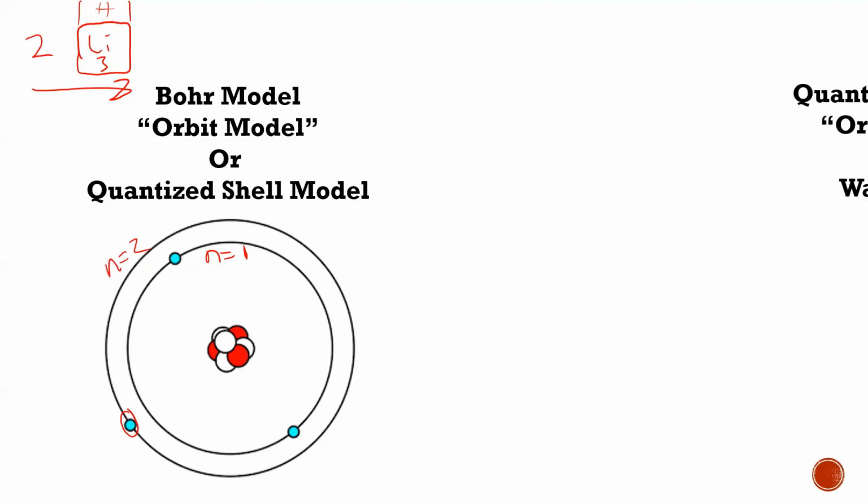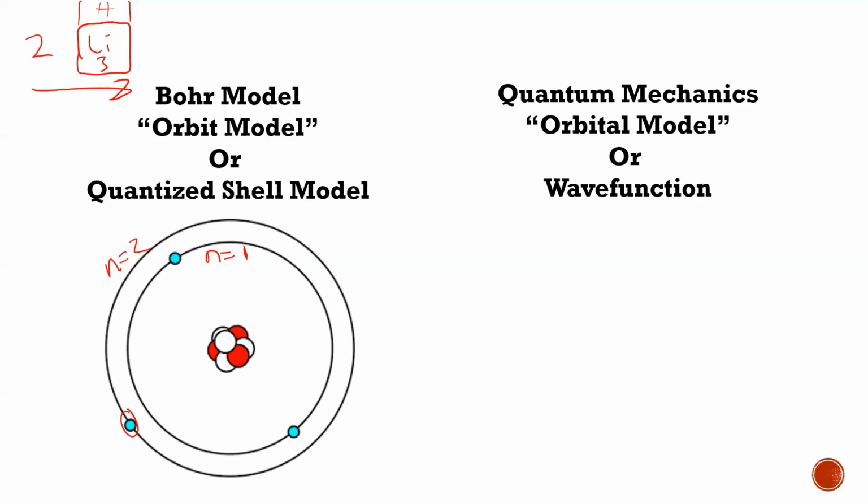And then as time goes on, we'll also discuss the better model, the quantum mechanical model, because we'll see that the Bohr model has shortcomings. It works excellently in quantizing and calculating energy levels for single-electron species. It doesn't do so well with multi-electron species due to shielding, penetration, Coulomb's law, and other issues.